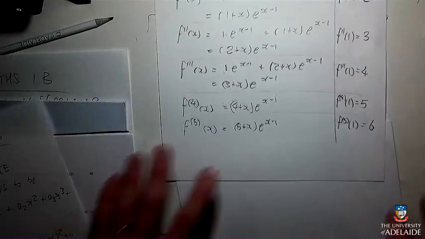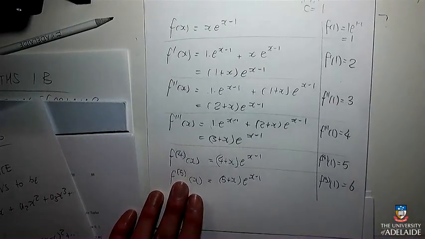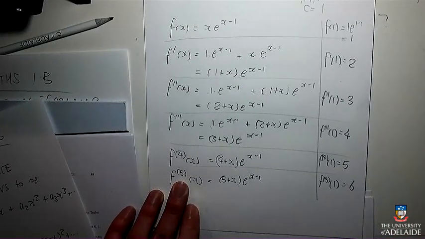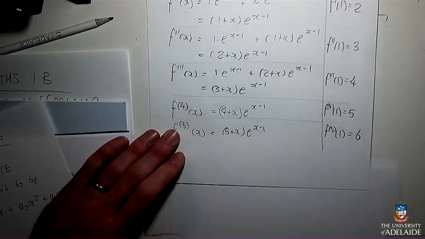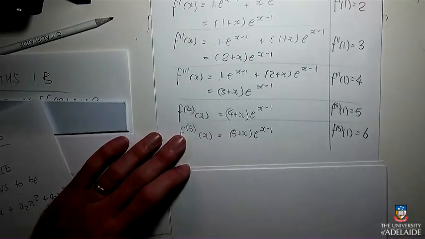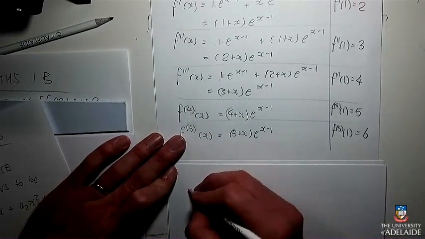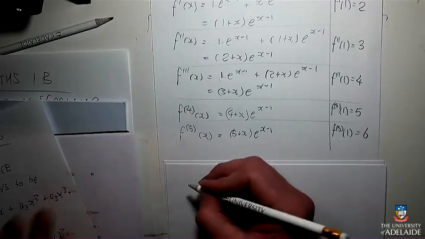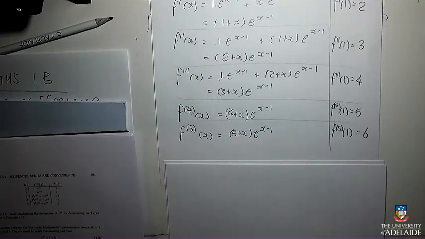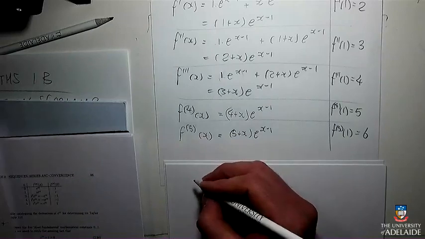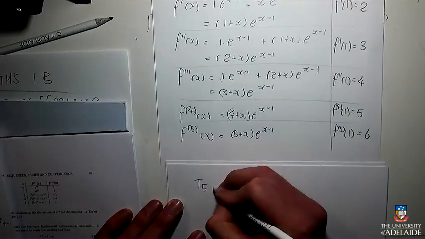Right, where was I? So I'm going to actually have to divide these by the numbers that go with them. I reckon I can do that all in one go now. So my fifth Taylor polynomial, which in your notes is called T5 of x.